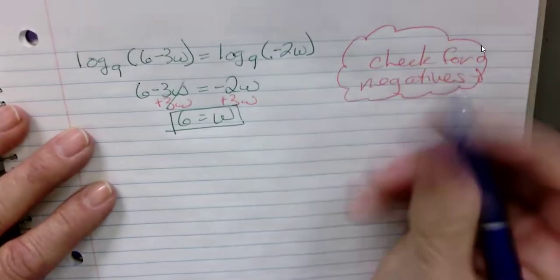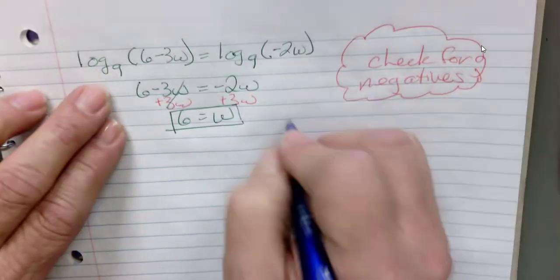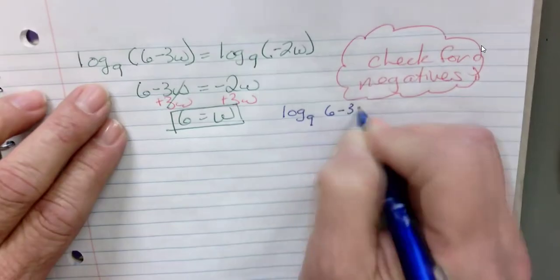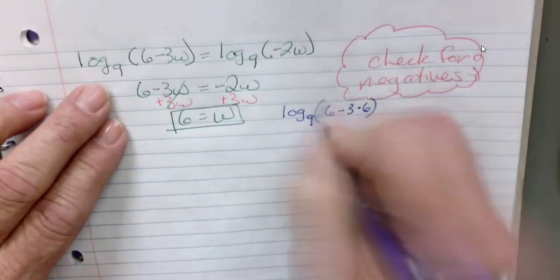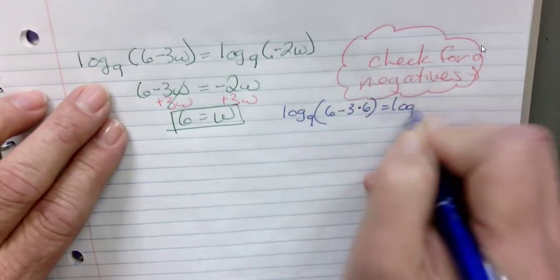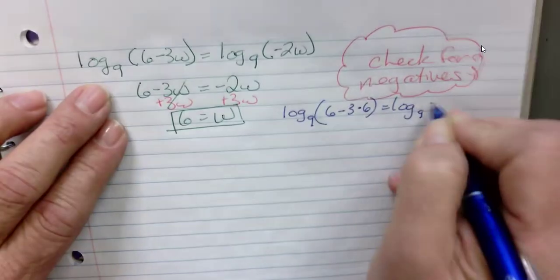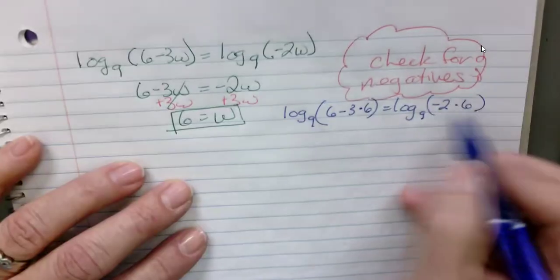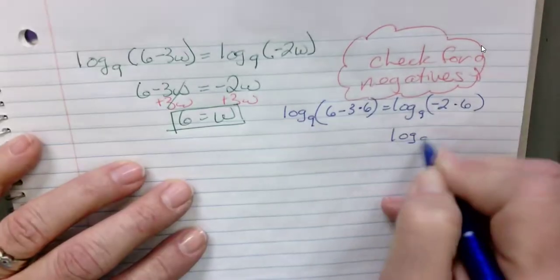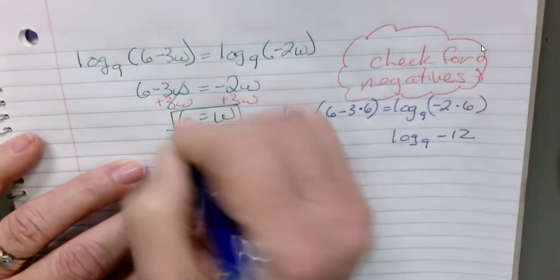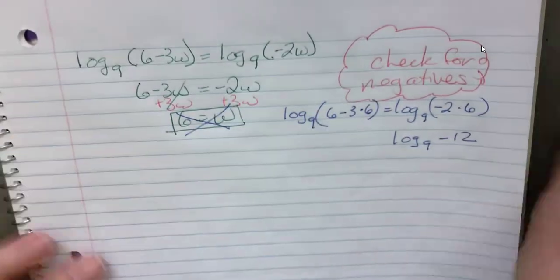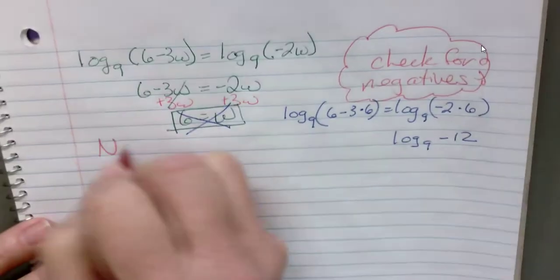All right. So on this side, I have log base 9 of 6 minus 3 times 6 equals log base 9 of negative 2 times 6. Oh, I'm already seeing that this is going to be log base 9 of negative 12, so it is wrong. In your red pen, write no solution.